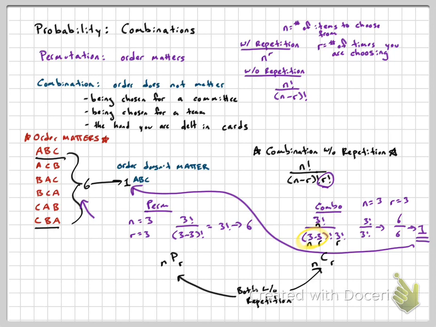So if I had something like 7P4, 7 permutate 4, the 7 is my n, the r is my 4, so that'd be 7 factorial over 7 minus 4 factorial. Now, if it was 7C4, that would be 7 factorial over 7 minus 4 factorial times 4 factorial.